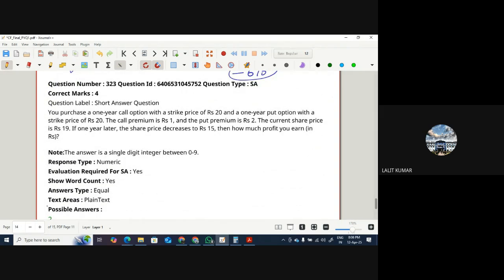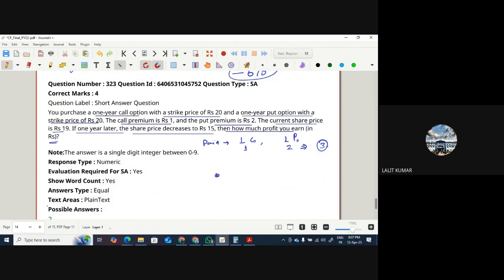Okay, next question. You purchase a 1 year call option with a strike price of rupees 20 and a 1 year put option with a strike price of rupees 20. The call premium is 1, put premium is 2. The current share price is 19. If 1 year later the share price decreases to 15, how much profit do you earn? First we calculate how much we have paid. We have paid 1 for the call and 2 for the put, so total is 3.